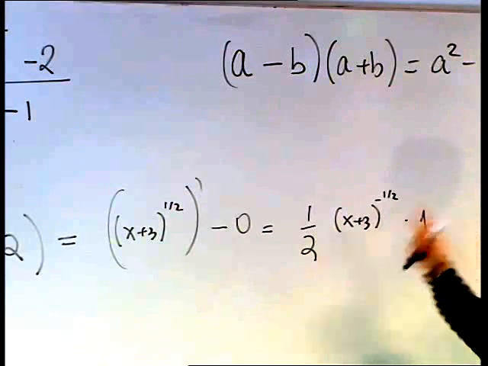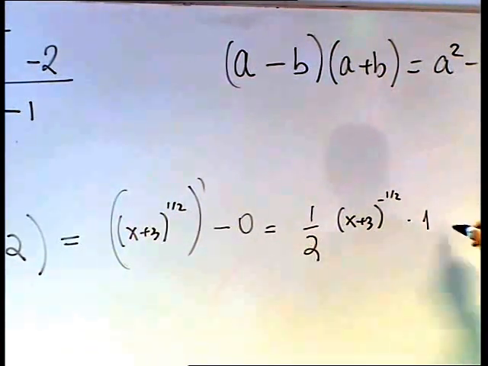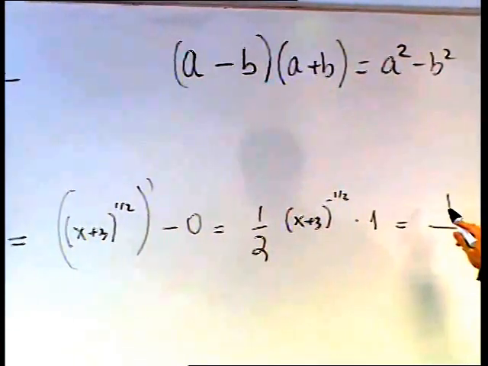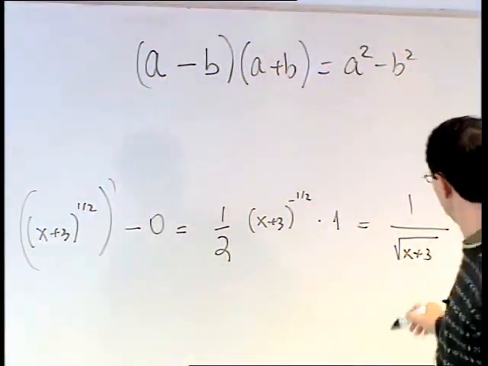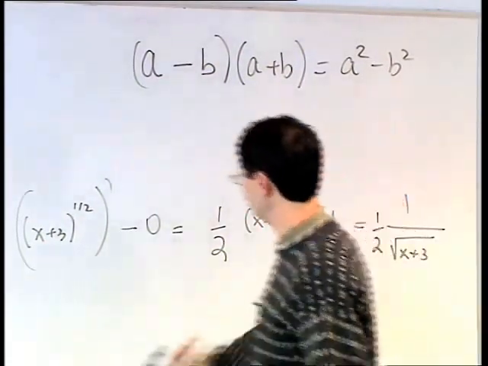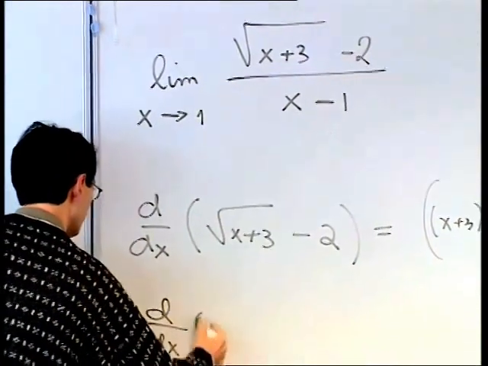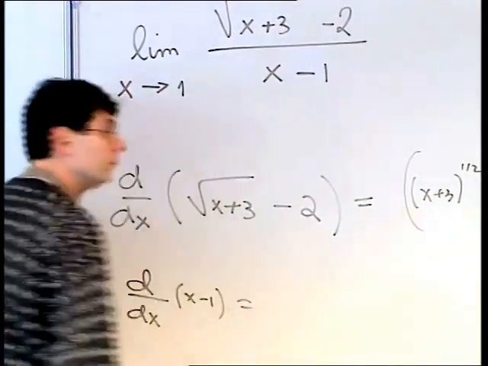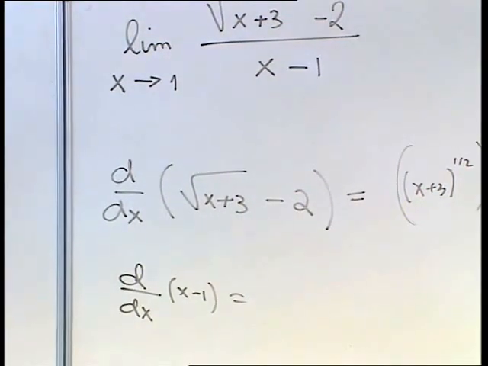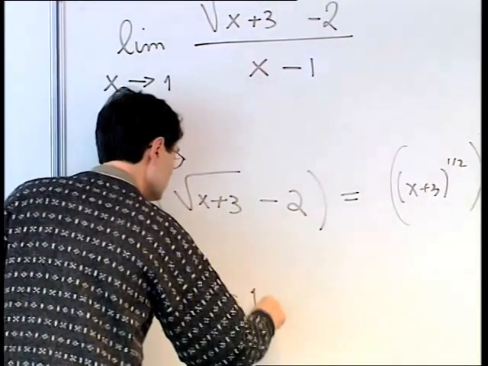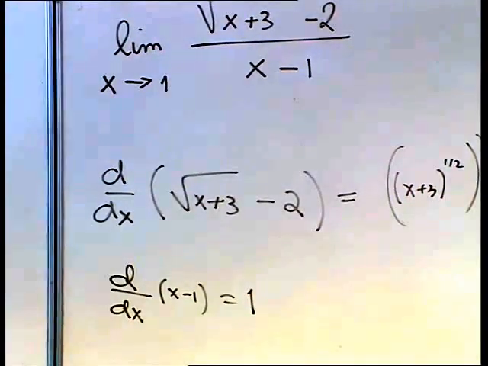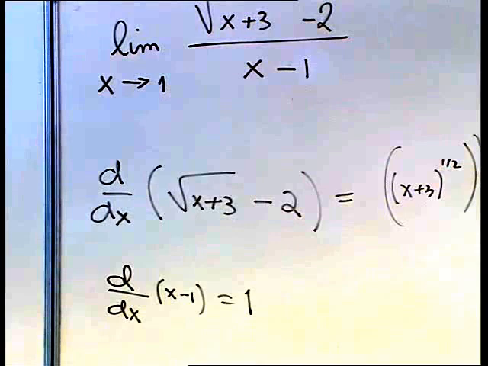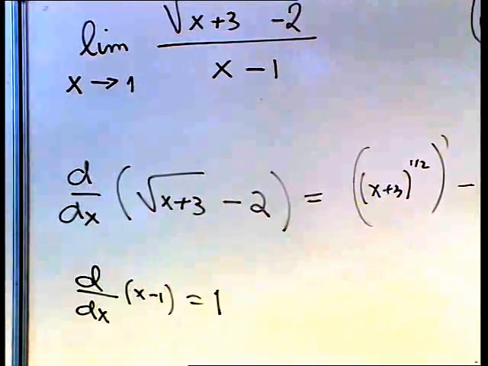I'm using the chain rule here. So it's 1 divided by root of x plus 3. Oh, divided by 2. There's a 1/2 there. What's the derivative of the denominator? One. Okay? Any questions there?